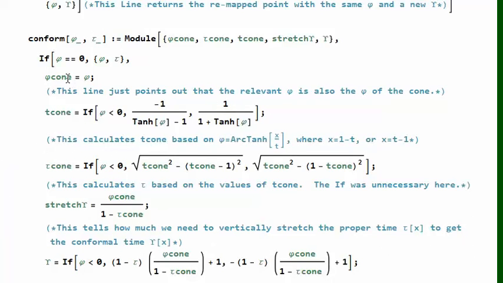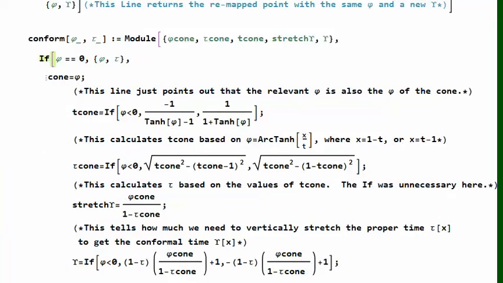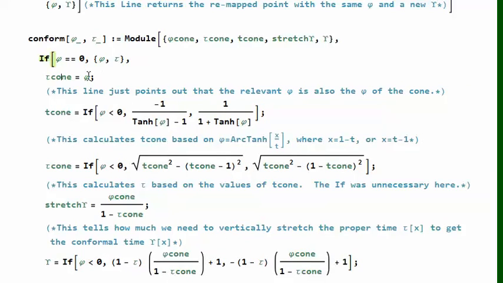So our new conform is going to have some similarities to the old one, but instead of phi cone staying the same, tau cone is going to be tau. And we're going to be interested in x cone.